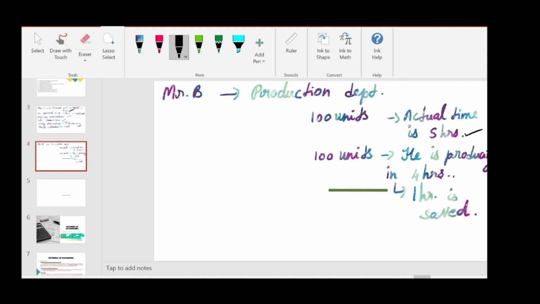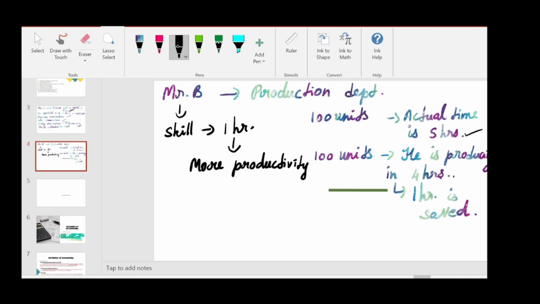That is the skill of Mr. B, and because of it we could save 1 hour. What happens if we save 1 hour in producing 100 units? There will automatically be more productivity. He can produce more units, so the production capacity of the business will increase.